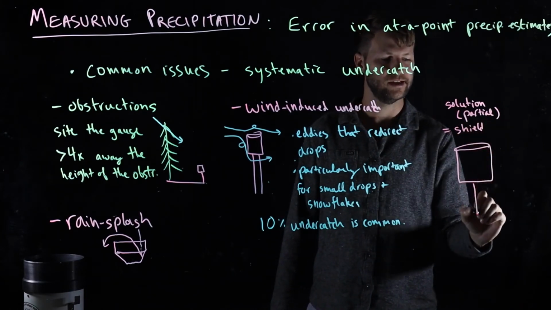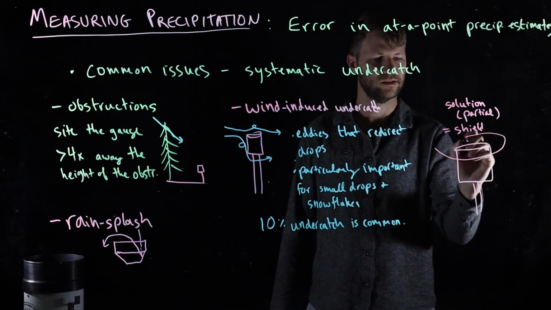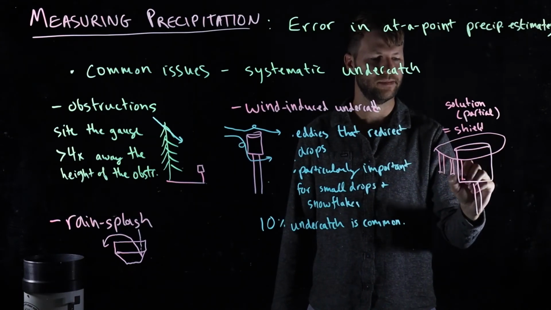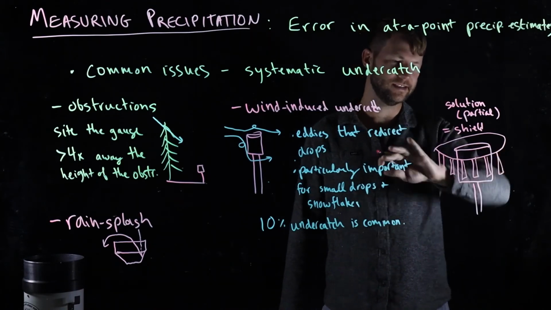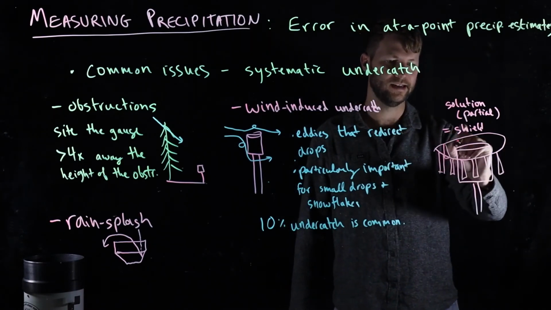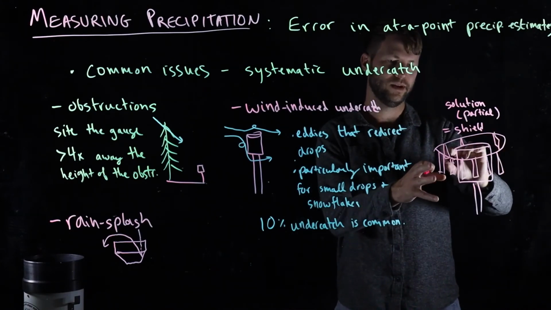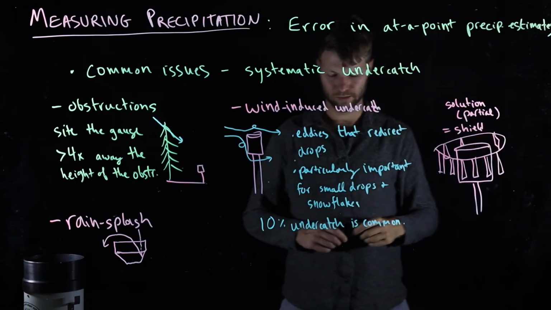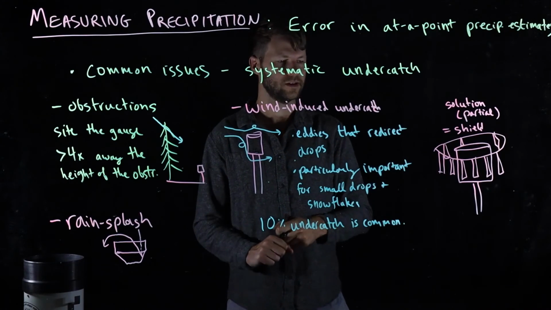So if this is your gauge that's up on a pole, you put a ring whose height is about the same as the top of the gauge around it, and then there's hanging off of it these little baffles, and they can kind of blow in the wind. And the idea is that the wind's blowing through, they're on all sides, and it blocks the wind eddies, and so it allows the rain that's falling in on the top to fall smoothly here into the gauge.